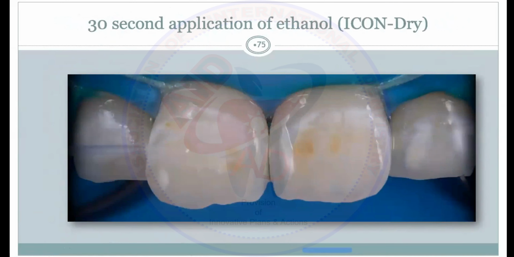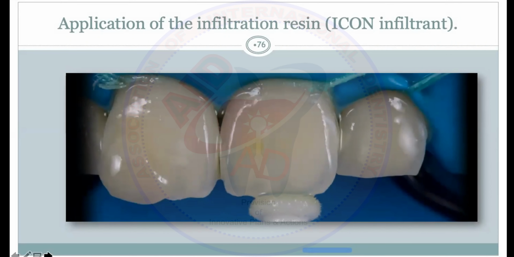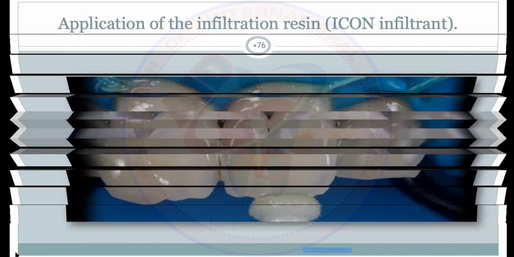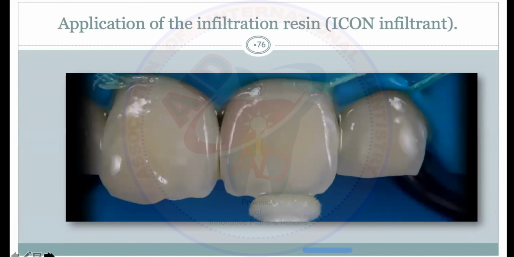You will find very chalky areas, and then here we apply ethanol. This is a drying agent because it will further dry the pores which we have created by using hydrochloric acid. And this will make the pores receptive for the resin infiltrate.